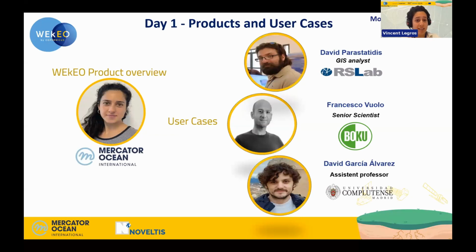So three practical examples on how you can use WEkEO data to study land changes, agricultural land, urban projects, and so on. We will have David Parastatidis from the Remote Sensing Lab, Francesco Vuolo, a senior scientist representing the project BOCU, and David Garcia Alvarez, an assistant professor at the University of Complutense in Madrid.